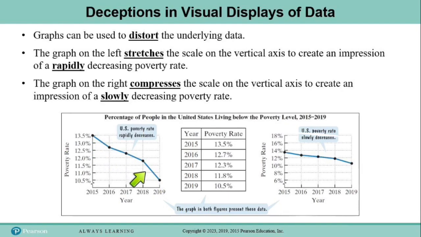So when you see something changing really fast, ask yourself, is it really that big of a change? And if you look at the numbers, you can see, oh, well, it really only went from 13.5 to 10.5. So it's not that big of a change overall, even though it looks very big. And if I saw this graph on the right, I would ask myself, why is there so much blank space above and below? Like, what is going on with the vertical axis?